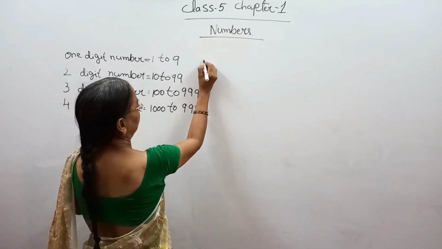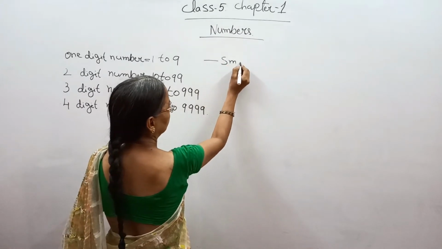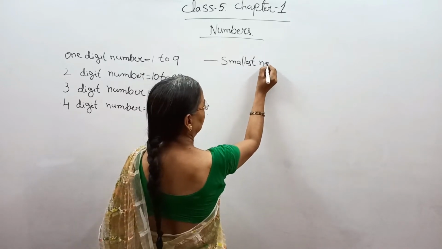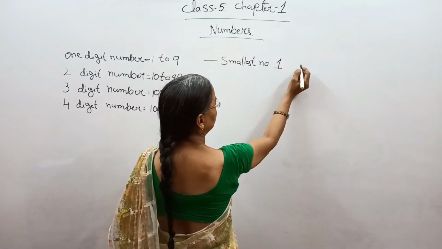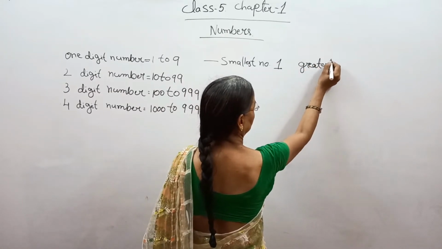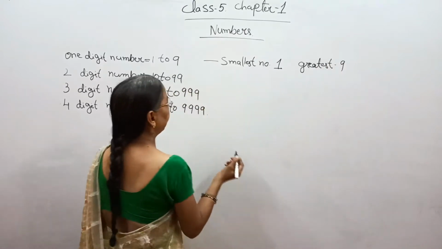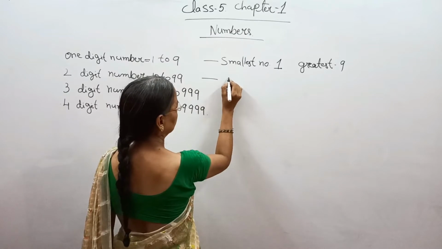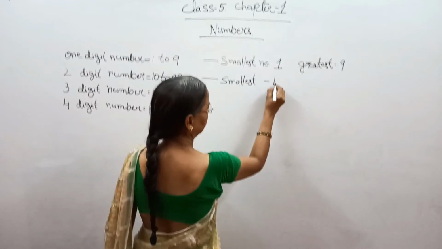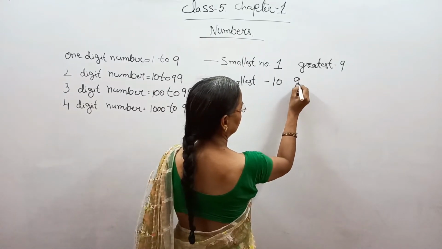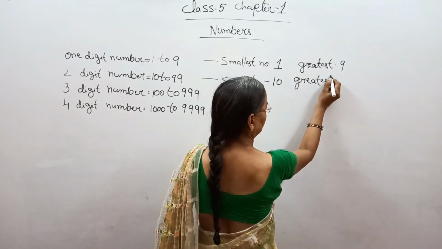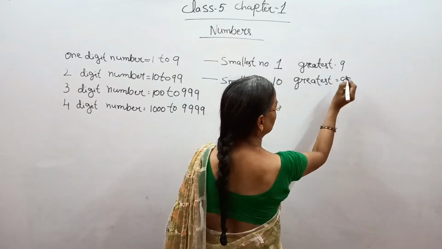In this, the smallest number is 1, and greatest is 9. Likewise, in the 2 digit numbers, smallest is 10 and greatest is 99.